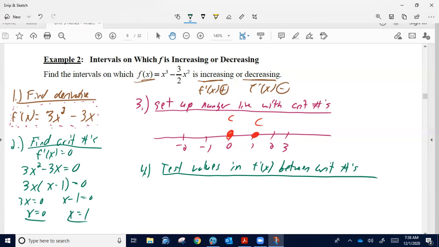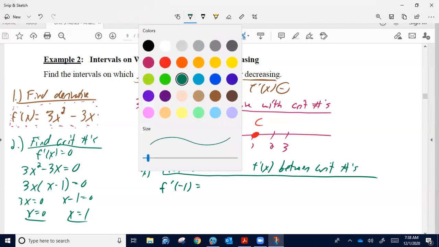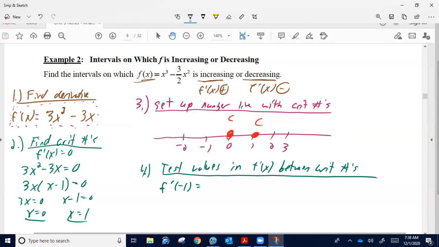So what I mean by that, I have 0 as a critical number. So something before that, any number at all before 0, do not include that though. So maybe f prime of -1. Take -1, plug it into the derivative. I highly recommend if you have a derivative and you factored it, I'm boxing this over here, that's what I would plug it into.